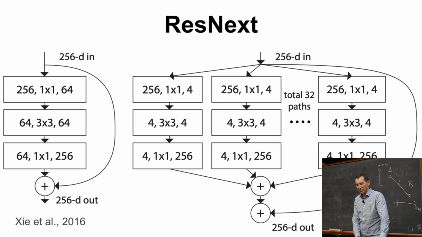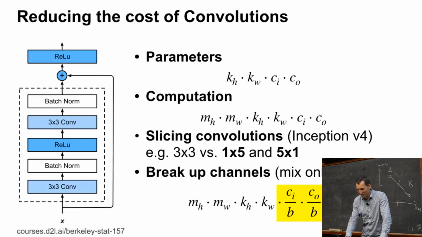And so this, of course, means, if we look at that, so initially we have height times width times input times output channel parameters. And the computation is, of course, output height and width times the corresponding height and width of the kernel times input times output channel. We can break things up by 1 by 3s and 1 by 5s and 5 by 1s. That's what we saw before for inception.